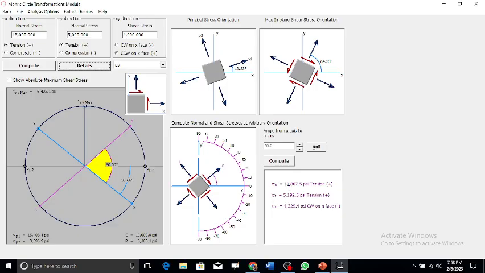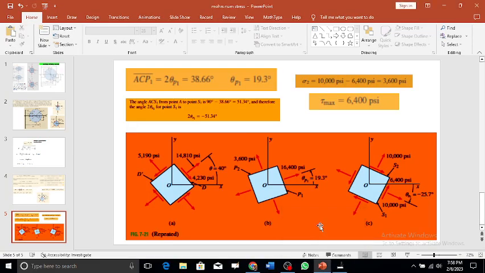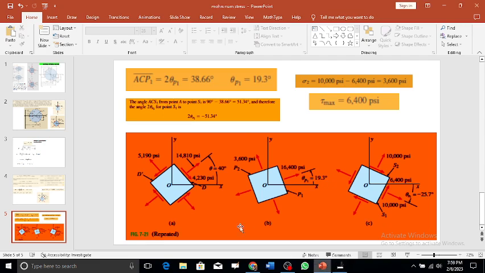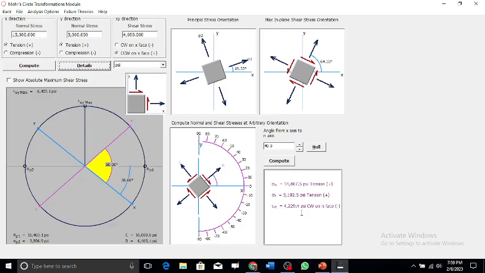Sigma x1, if you go back and see, is 14,807, and sigma y1 is 5,190, and tau x1 y1 was how much? 4,230.